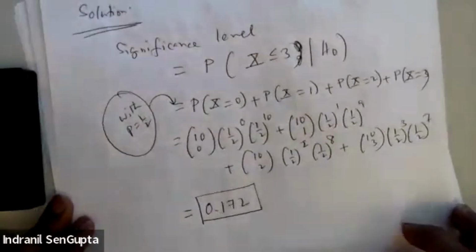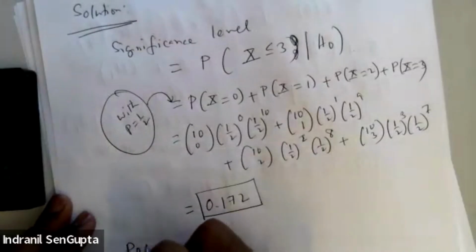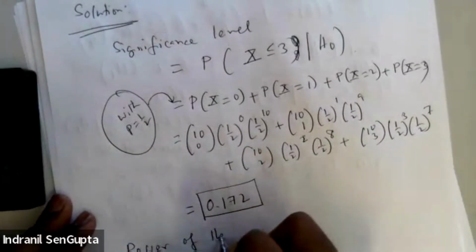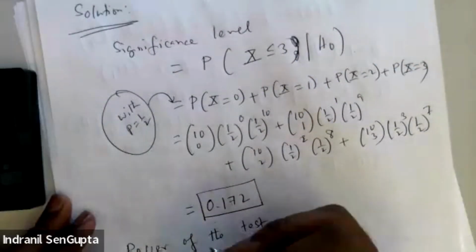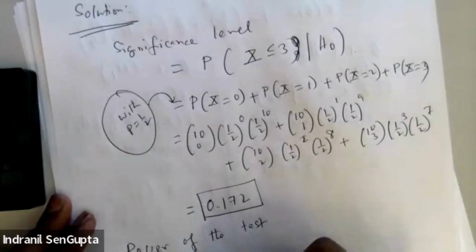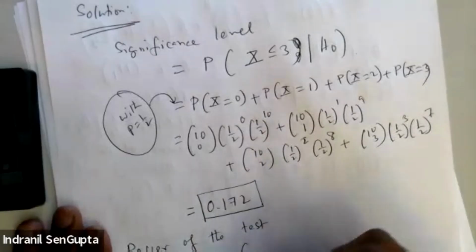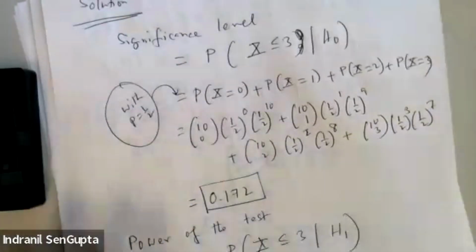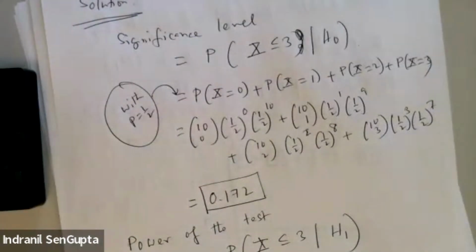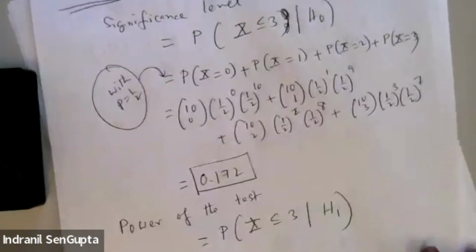Now the power of the test is basically the same thing. It is given by the probability that x is less than or equal to 3, but provided the alternative hypothesis is true. Remember, that corresponds to the correct decision, right?